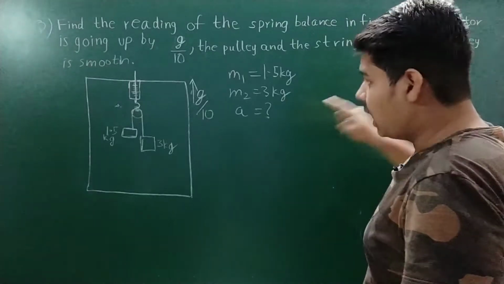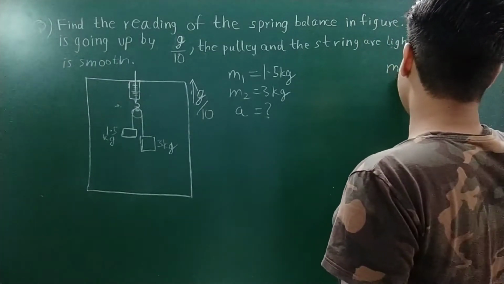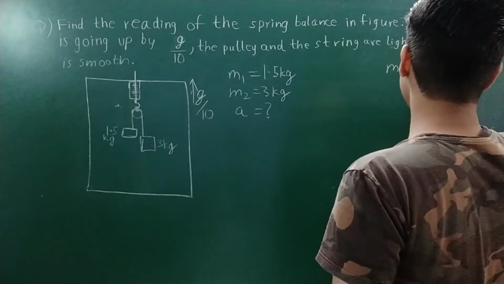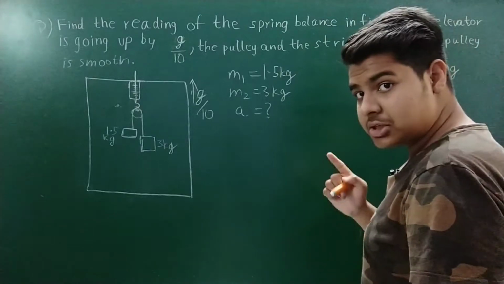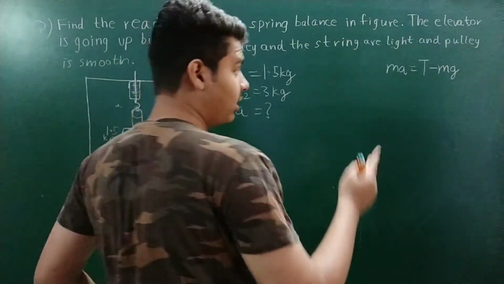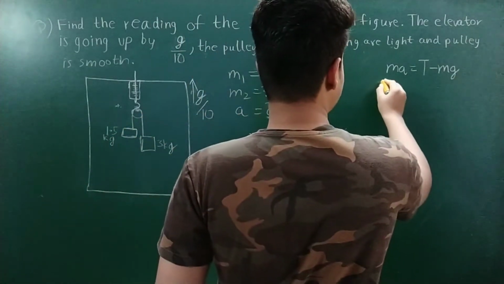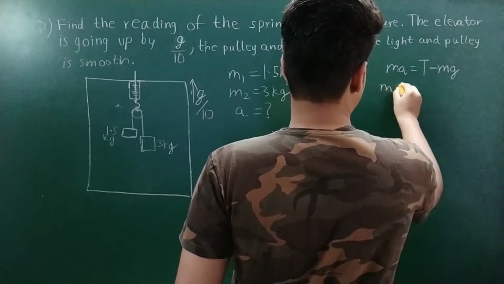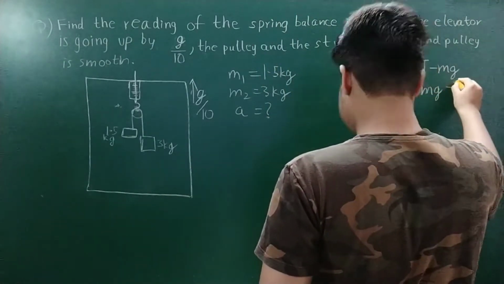When mg is less, the formula is ma equals T minus mg. When mg is more, the second formula is ma equals mg minus T.